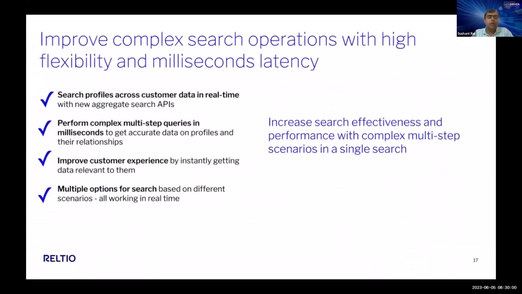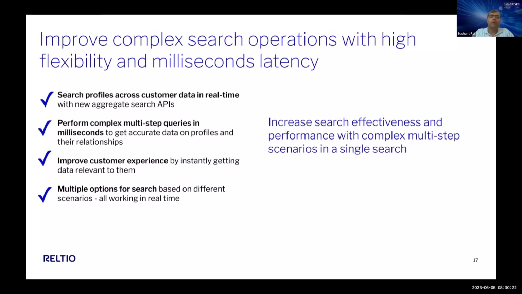Moving on, I want to talk about scalability when it comes to finding the right profiles. With the complex scenarios that we support and our customers need in real time, search could become very, very complex. In certain industries and domains, let's take an example from the insurance industry.